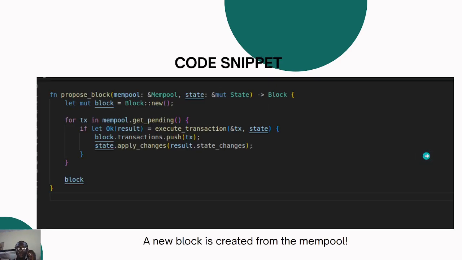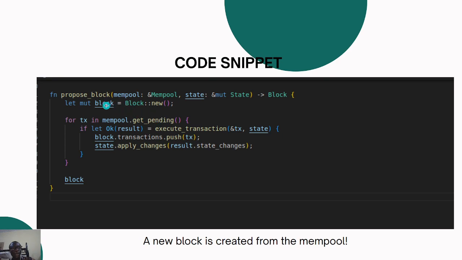Next slide. All right, so this is the code snippet. Now we have a function that proposes a block, right? This is a validator that is selected to propose a block. Now when the validator successfully proposes a block, this is the block variable. It's mapped through our mempool and gets the pending transactions in the mempool.